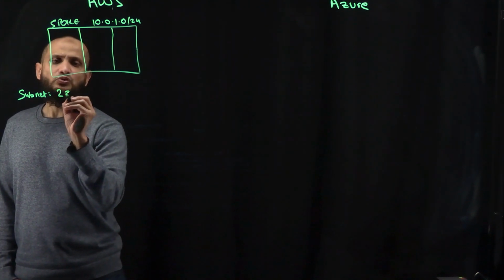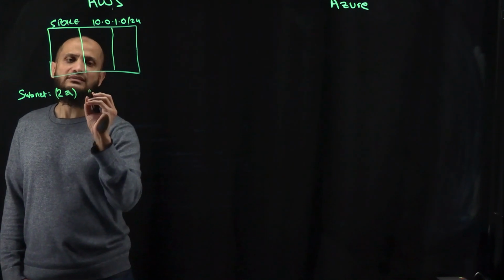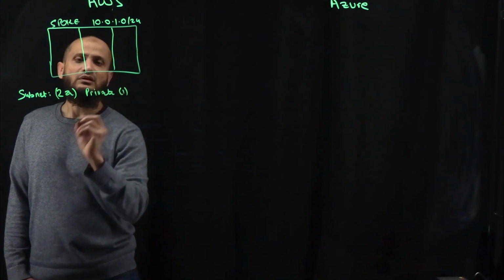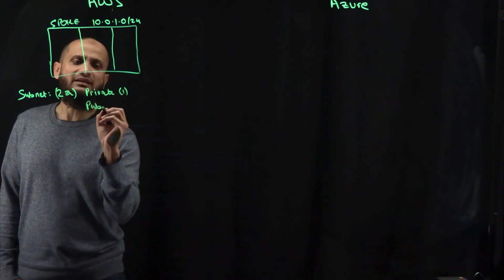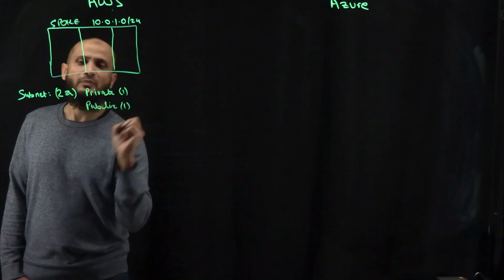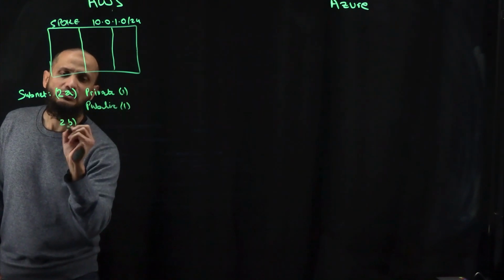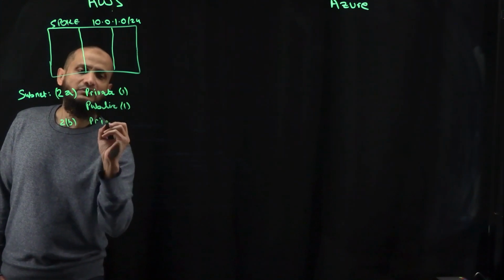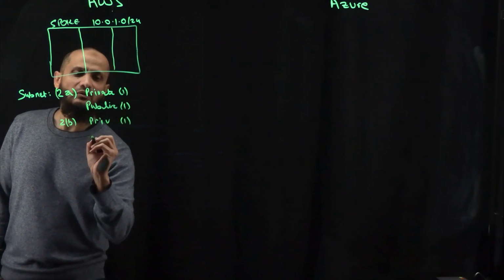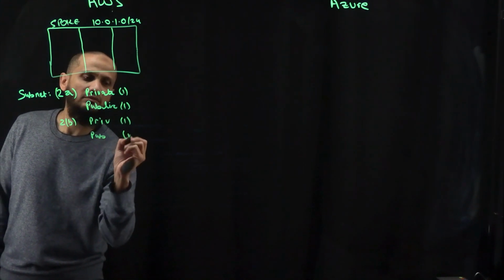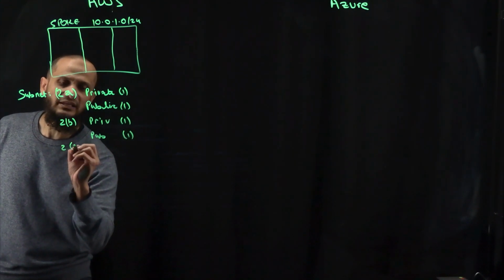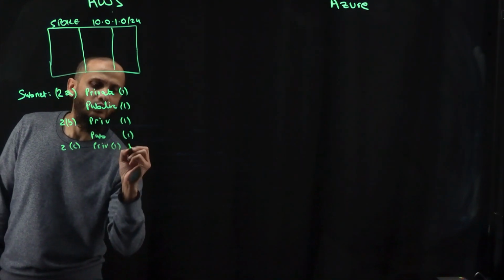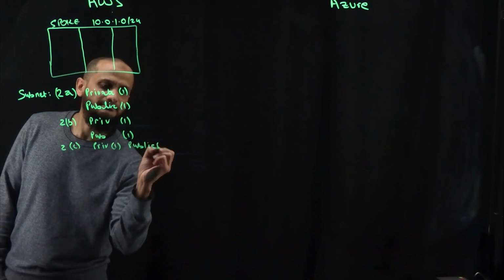So availability zone 2A has 1 private and 1 public subnet. Similarly, 2B will have 1 private and 1 public. Same thing with 2C, 1 private and 1 public.